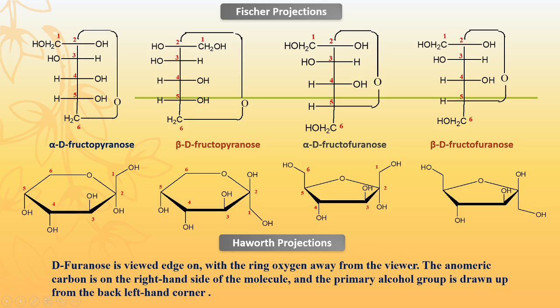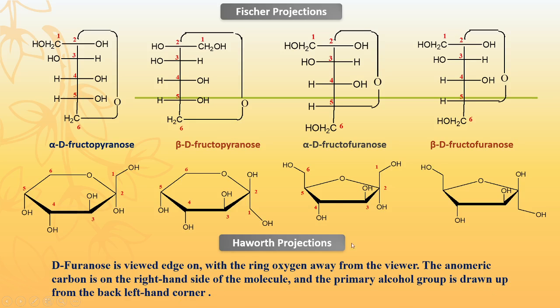That means this oxygen is at the back from the viewer and the anomeric carbon is on the right hand side of the molecule and the primary alcohol group is drawn up from the back left corner.